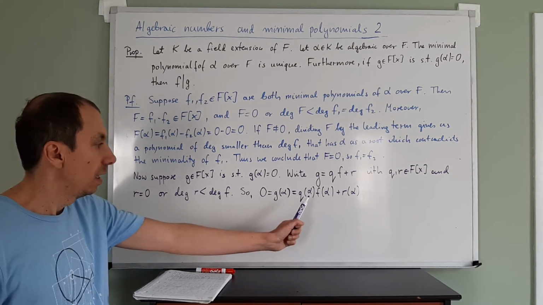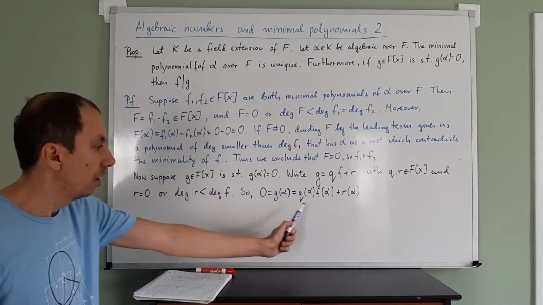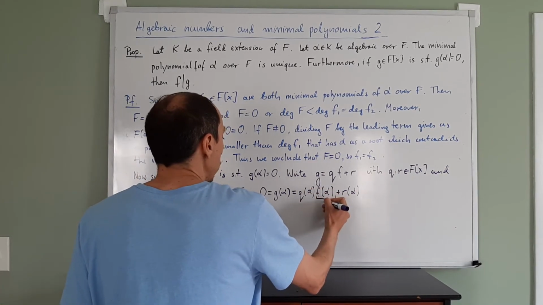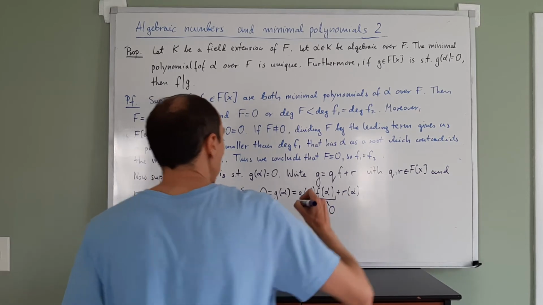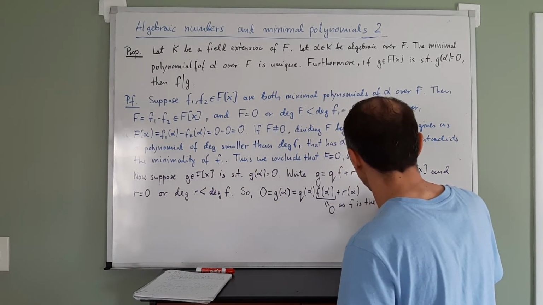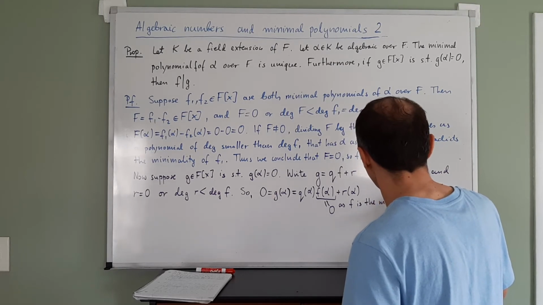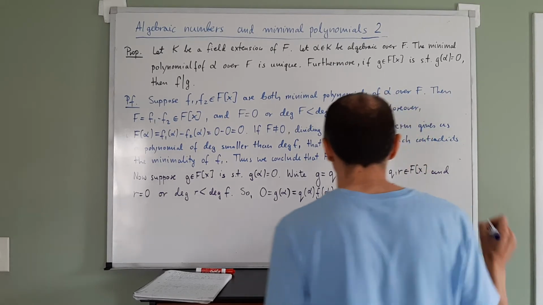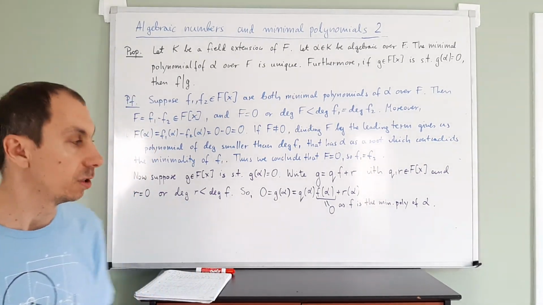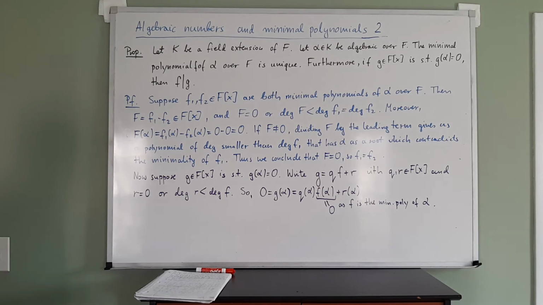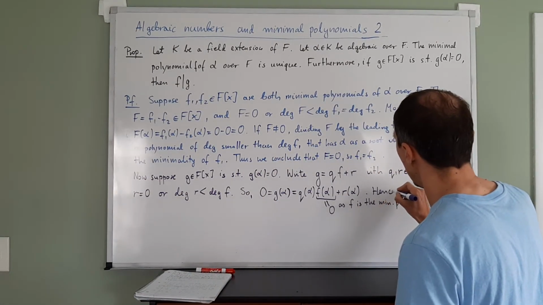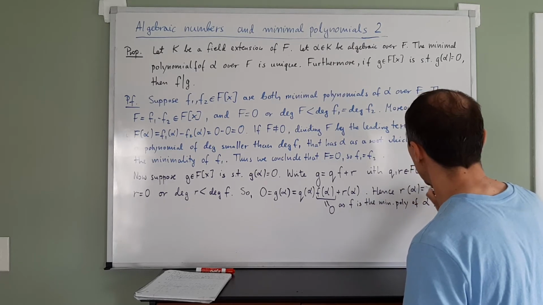But here, f is the minimal polynomial of alpha, so f of alpha is 0, as f is the minimal polynomial of alpha. In particular, a minimal polynomial always has alpha as a root. Hence, r of alpha is 0.